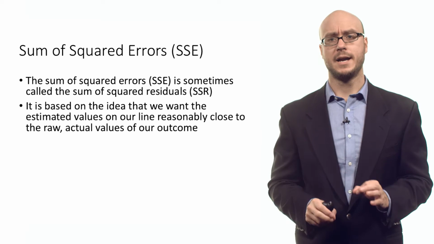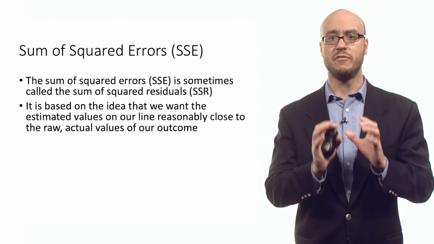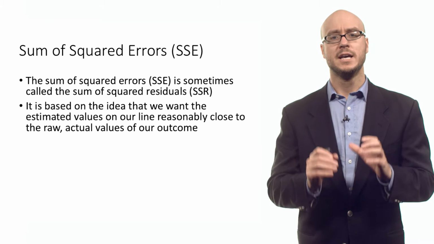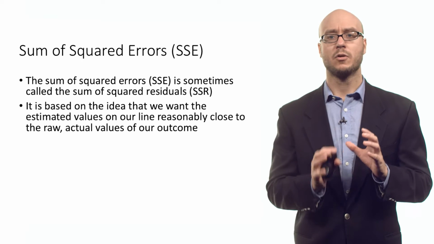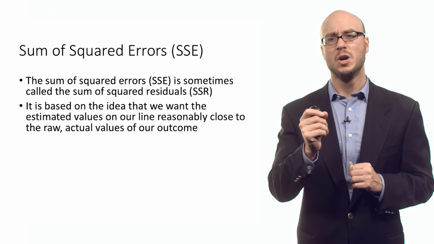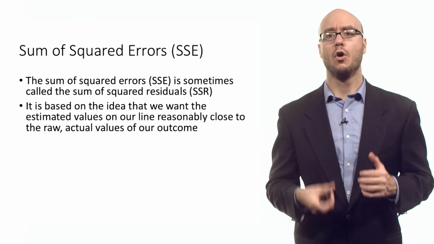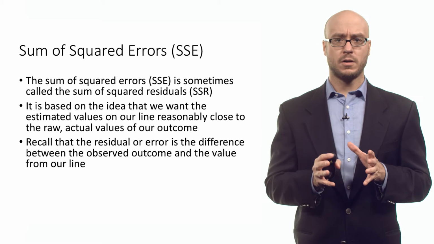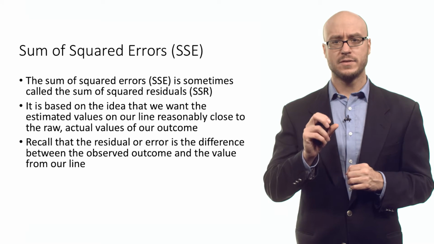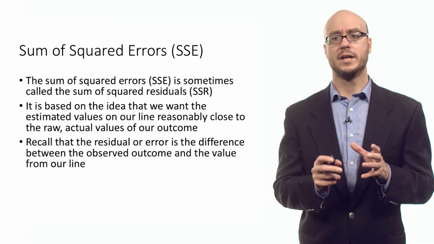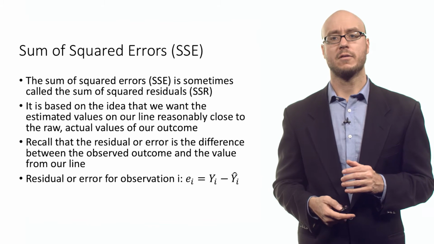The idea behind this criterion, the idea of minimizing the sum of the squared errors, is that we want the estimated or expected values on our line to be as close as possible to the raw actual values of our outcome overall. So if you recall, the residual error is the difference between the observed or raw outcome value and the value on our line, our fitted value.